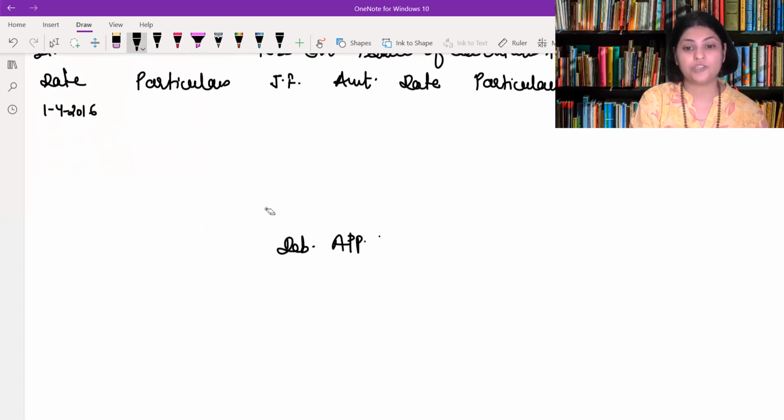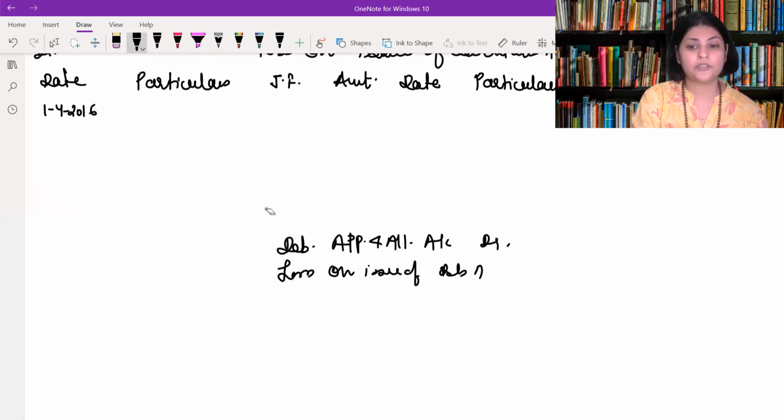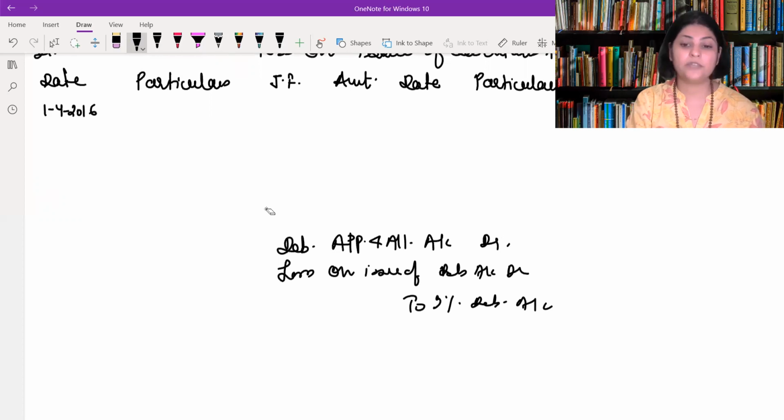Debenture application and allotment account gets debited. Then loss on issue of debenture account is debited. On the credit side, you write 9% debenture account, and one more liability is created, that is premium on redemption.